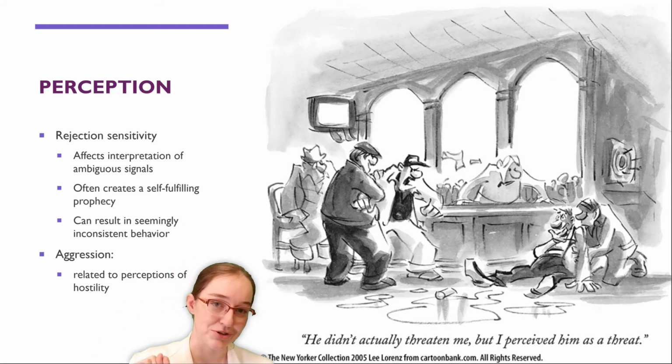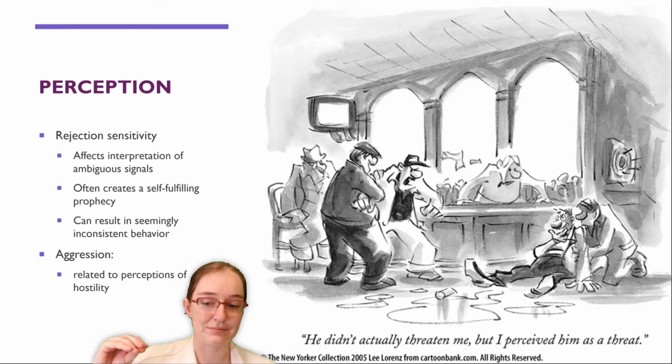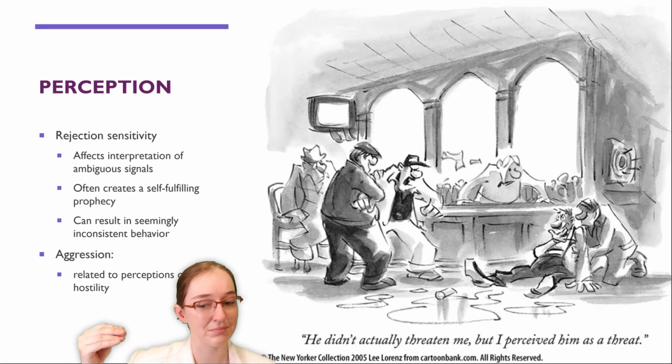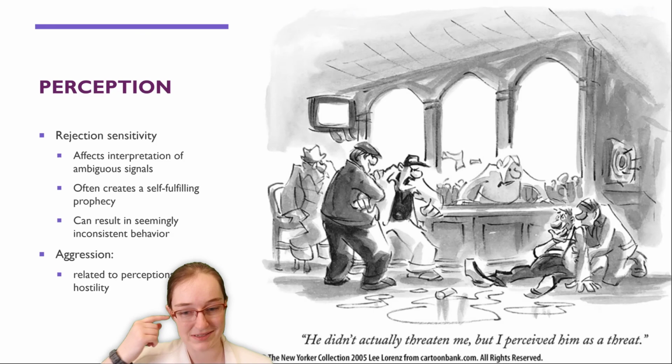Again, I encourage you to check out the book because it goes into more detail. Another example is that authoritarians are a little more rejection sensitive than most, which I find very interesting, or those that are high on the trait of authoritarianism are a little more sensitive.